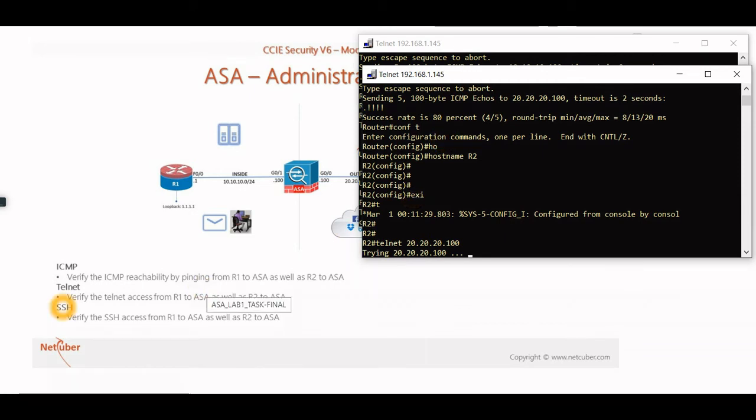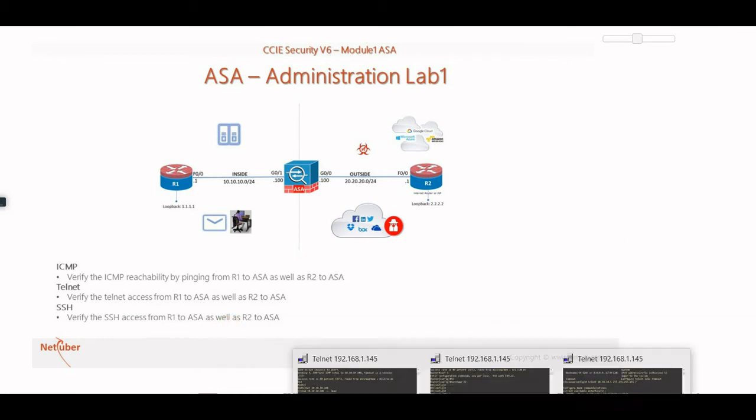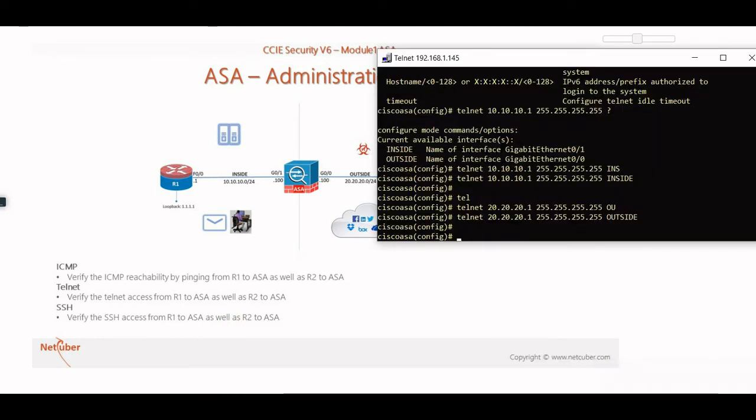And now the third task, which is to verify SSH access from router 1 and router 2 to ASA. Let's enable SSH. So first we need to enable SSH.